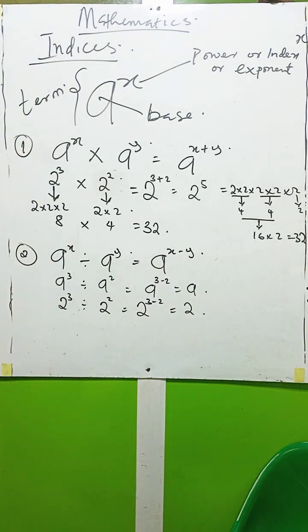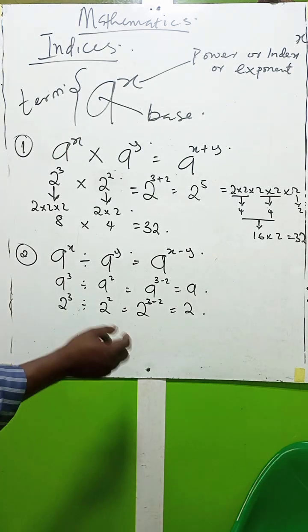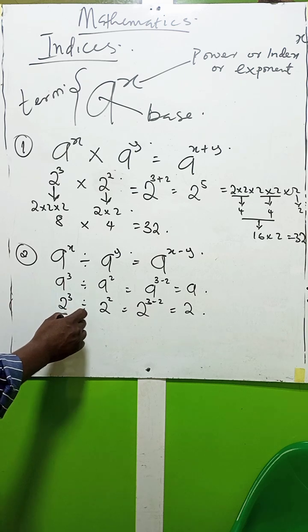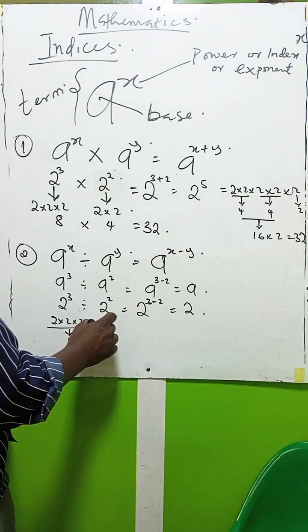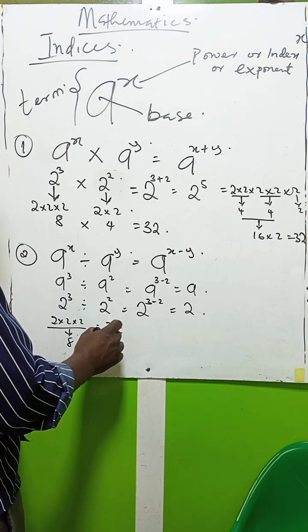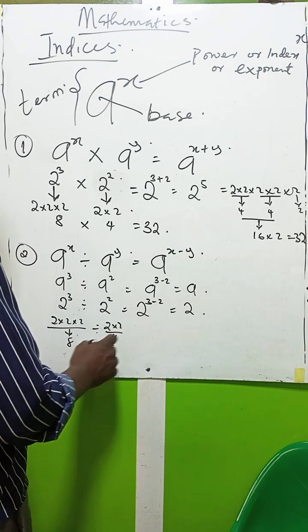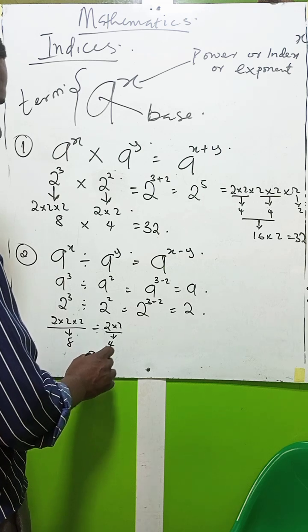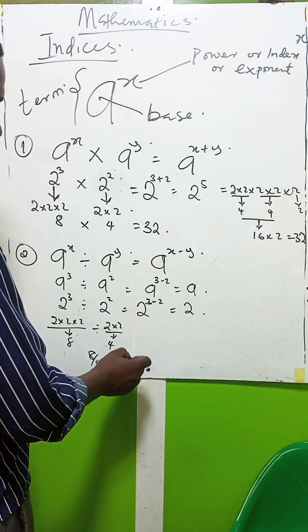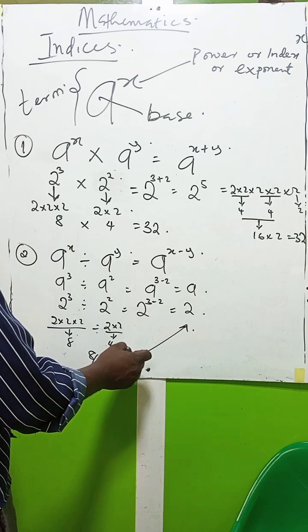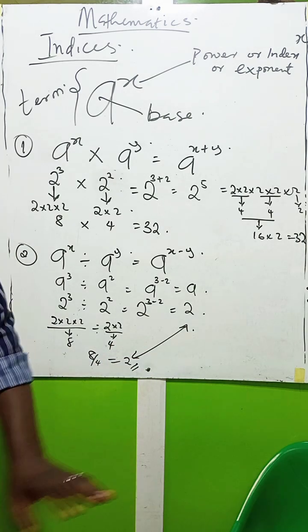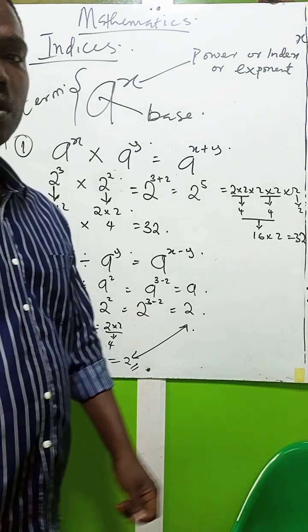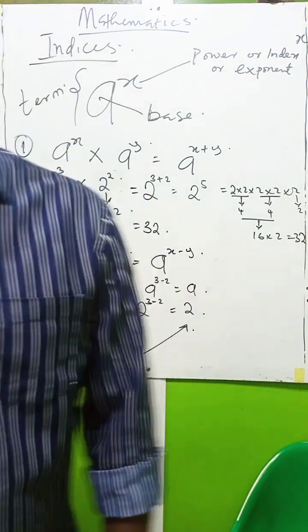Going by arithmetic method, 2 times 2 times 2, which is 8, divided by 2 times 2, which is 4. 8 divided by 4, the answer will be 2, which is the same 2. So that's that about the first two laws.